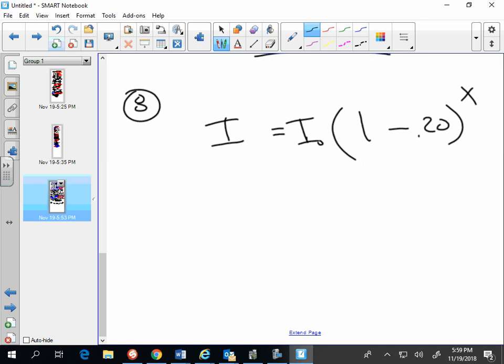I see them in the third and fourth line of the problem. 15 millimeters thick with an initial intensity of 6,000 watts per square meter. So I equals 6,000 times 0.8 to the, and we said this thing was going to be 15 millimeters thick, and that's our x value. Well, the setup is really quite simple.